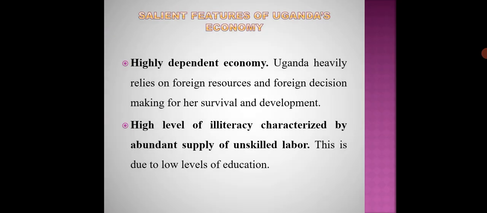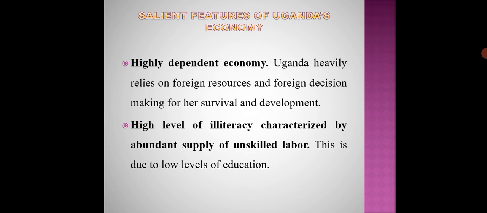Highly dependent economy. Uganda heavily relies on foreign resources and foreign decision making for her survival and development. This feature explains how dependent Uganda is. It is not yet fully independent. It also depends on the foreign resources and the foreign decisions for survival.